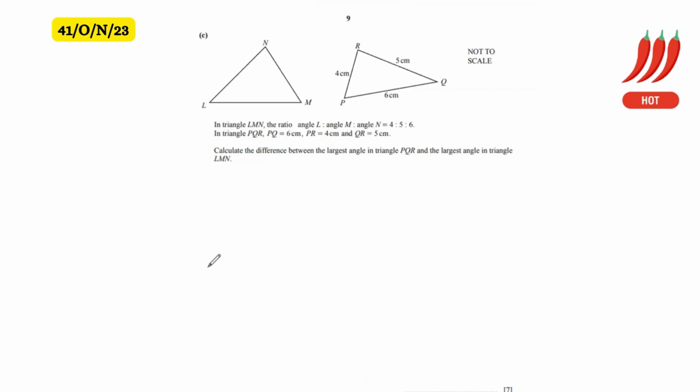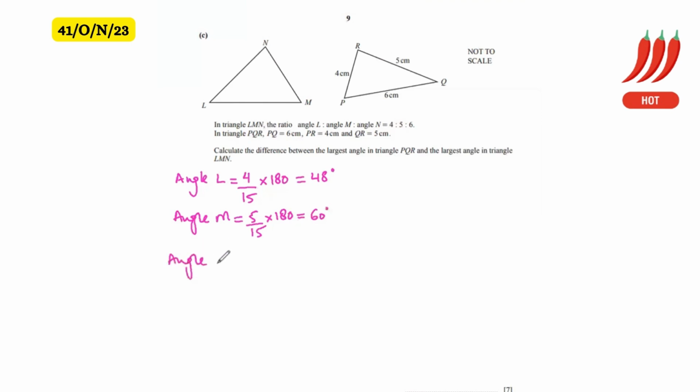Since the sum of angles in a triangle equal to 180, angle L is going to be 4 over 15 times 180, which equals to 48 degrees. Then angle M will be 5 over 15 times 180, which is 60 degrees.